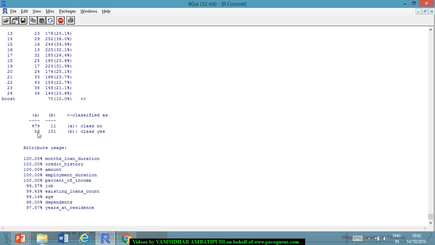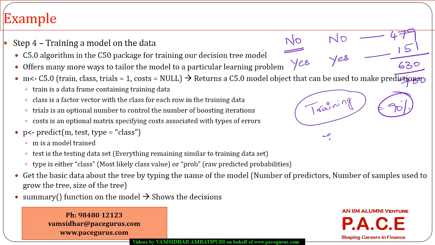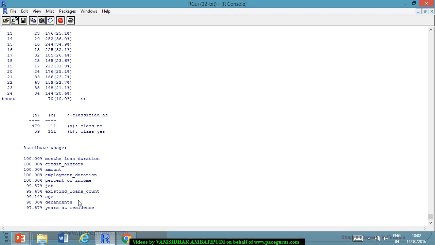So when you apply the same model on your training data, the error rate is 70 out of 700, which is 10%. So this is the error rate.